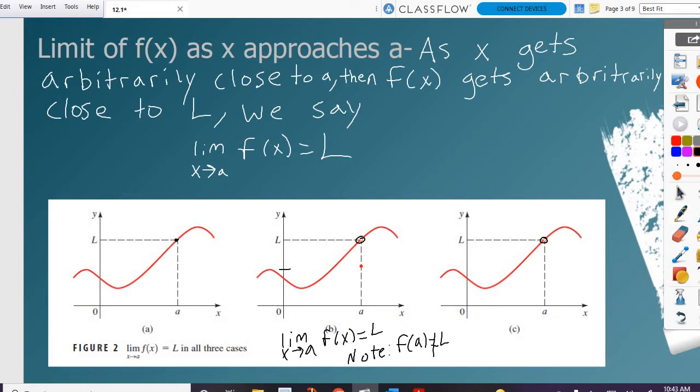In this case, we don't know what it is. And on this last one, we would still write the limit as x goes to a of f of x equals L, but f of a is undefined. And that's fine. We do not have to have a point on our graph in order for the limit to exist. It just has to be getting arbitrarily close to some value L.